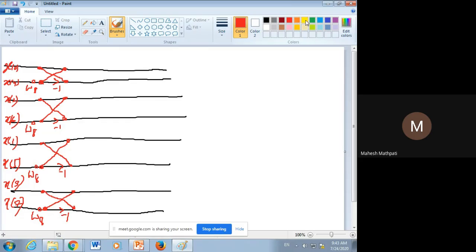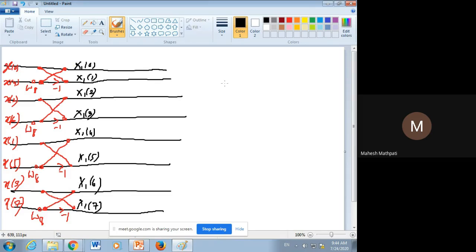Now here, let's write the values. Let me write the first values as x1 of 0, x1 of 0, x1 of 1, x1 of 2, x1 of 3, x1 of 4, x1 of 5, x1 of 6, and this is x1 of 7.